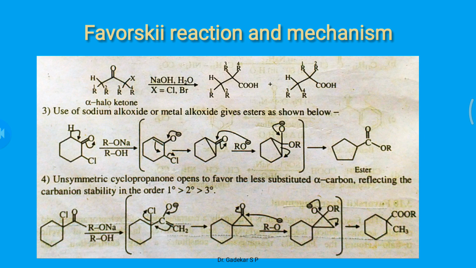So here ring contraction takes place. In the fourth example it is also similar to this, but in this reaction we use an alcohol, so that's why it forms an ester.